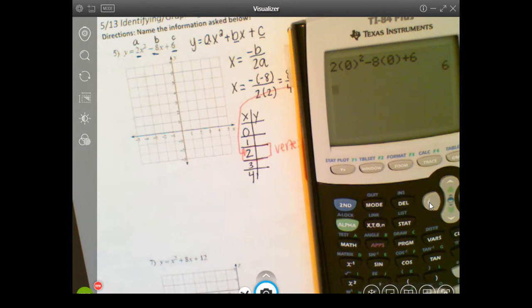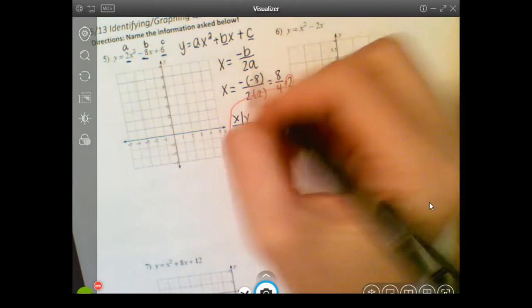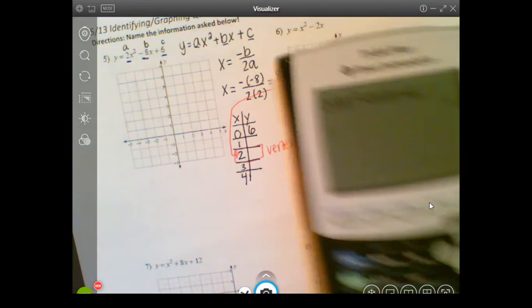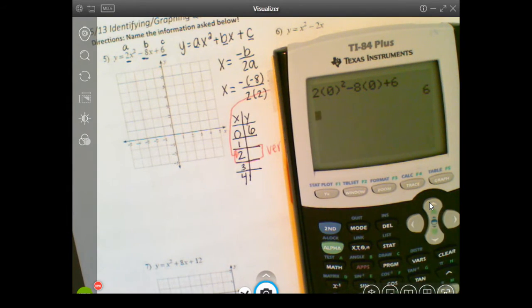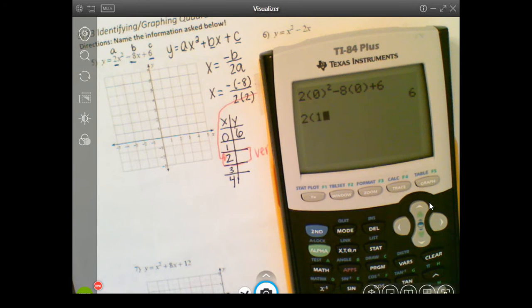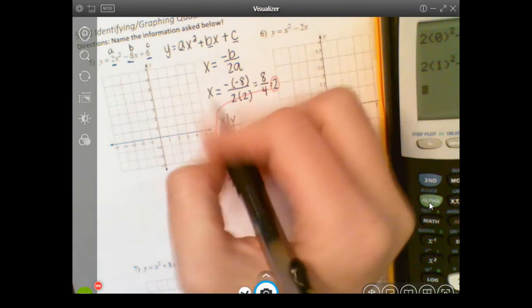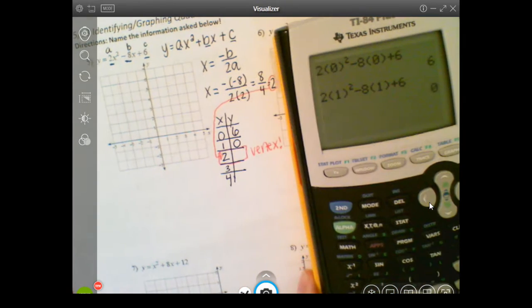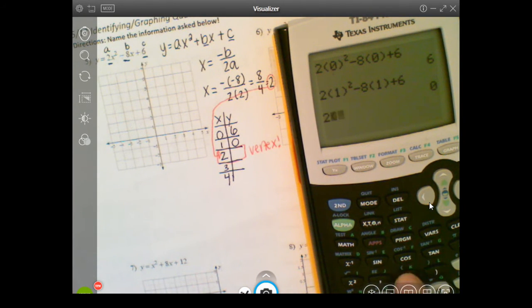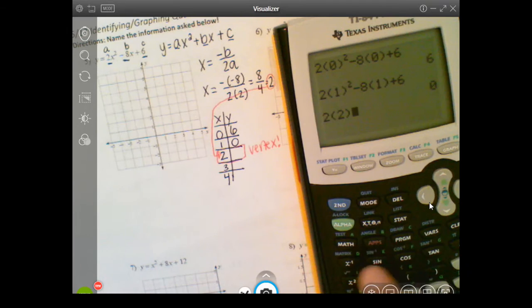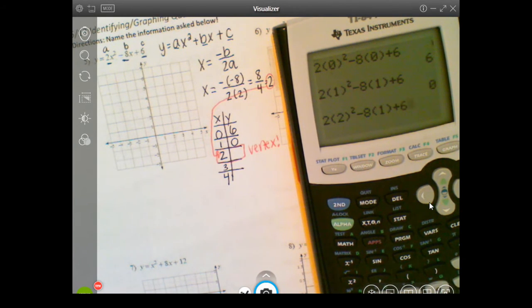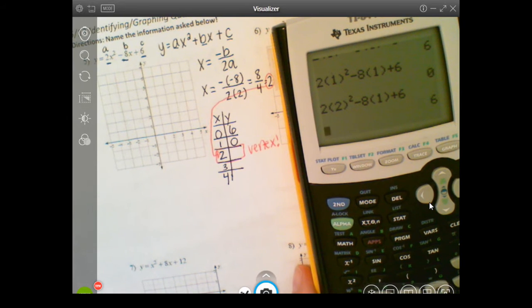So that means I can fill in my table at 0, it's 6. And then I'll do the same thing for 1. So 2, parentheses 1 squared, -8 times 1, plus 6. I get 0. And I'll do it for 2.